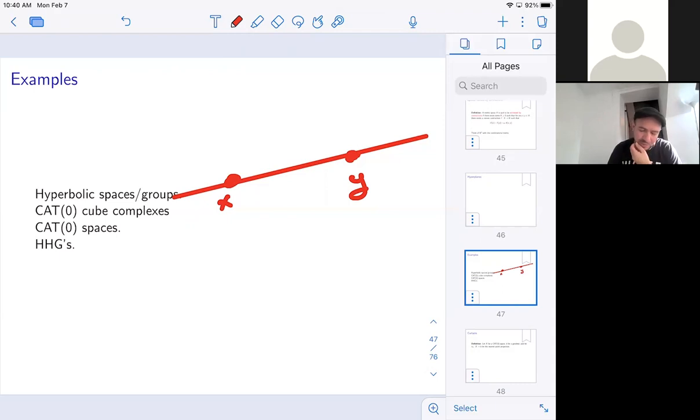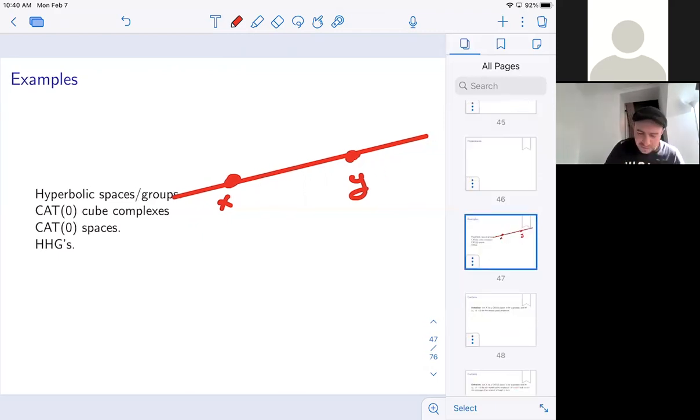And the reason it's going to be a contraction is that projections to geodesics in hyperbolic spaces are coarsely contracting, and so fibers are going to be convex. Why will they be convex? Well, let's see.